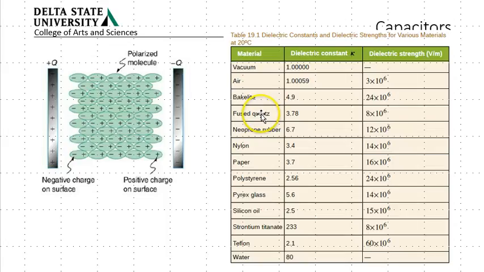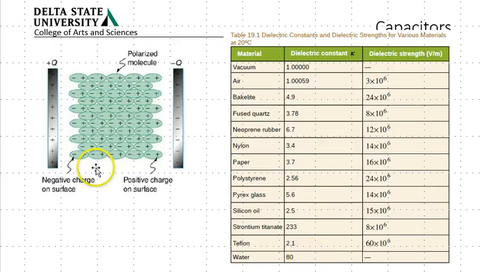Then there are others: fused quartz, dielectric constant 3.78. Nylon 3.4. Silicon oil 2.5. Strontium titanate 233. Teflon 2.1. Water is a dielectric too.